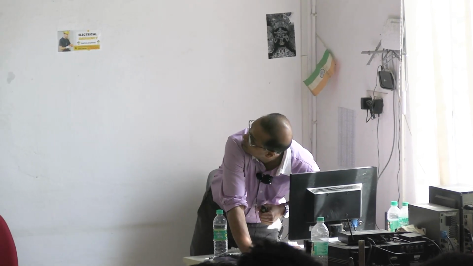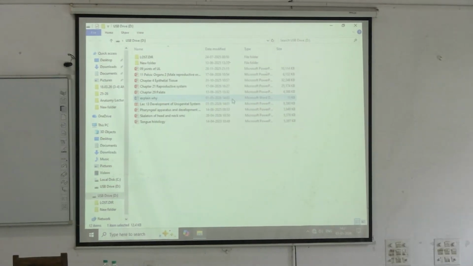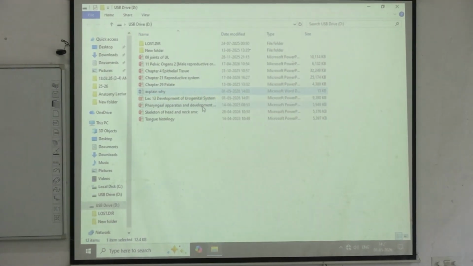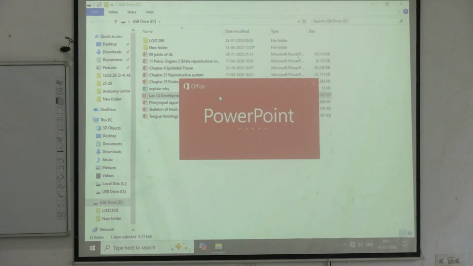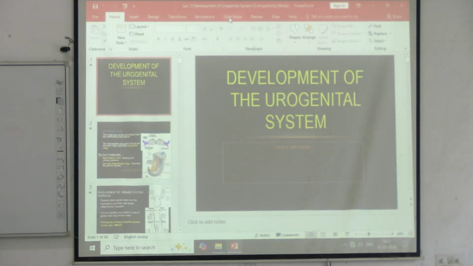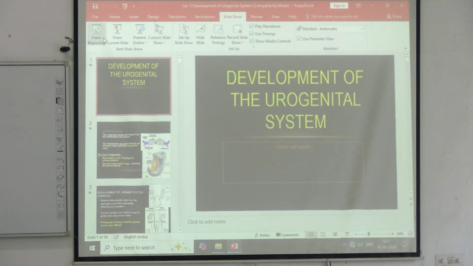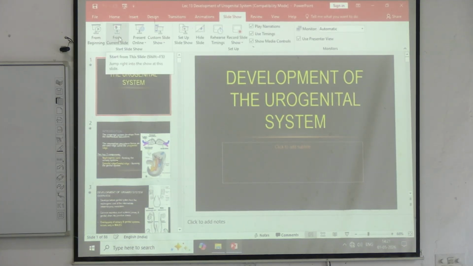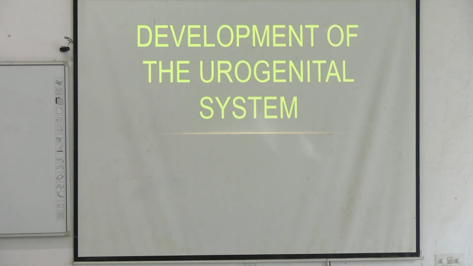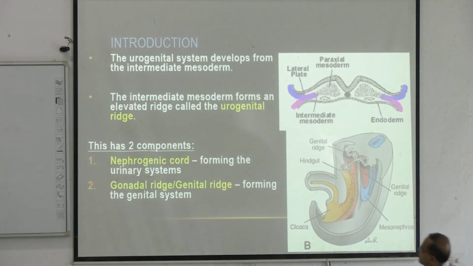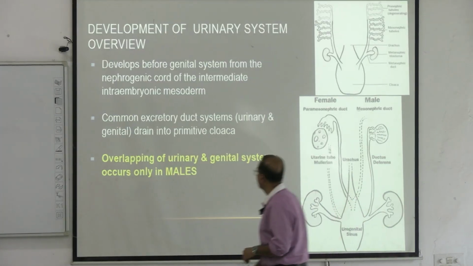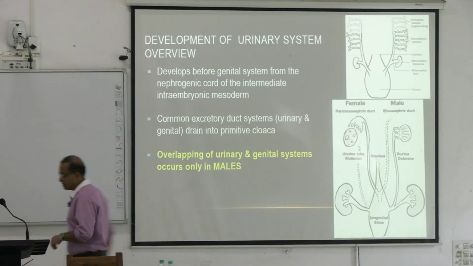Now, coming from here, a quick revision of the content that we have learned so far: the embryological developmental sessions that we have learned in the subsequent classes. A quick review of what you must understand over this region, the development of the urinary system.